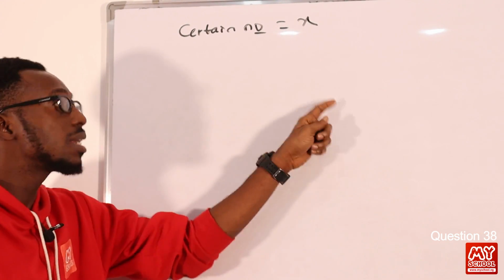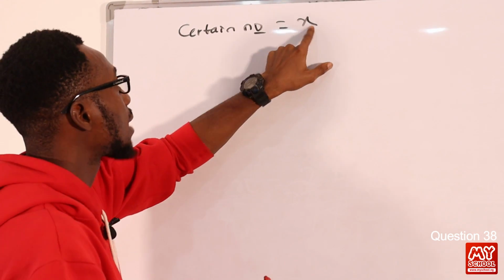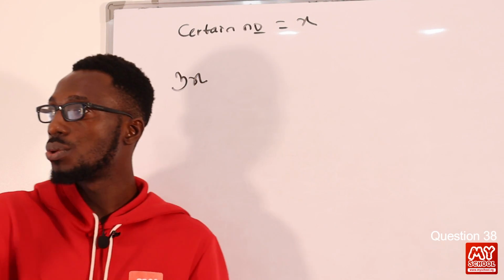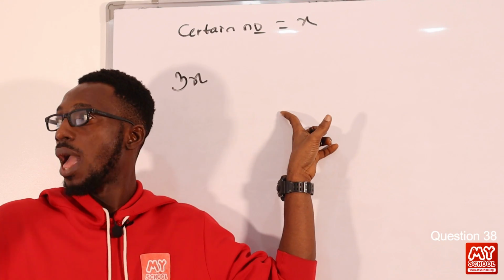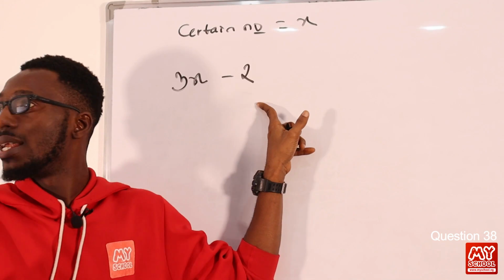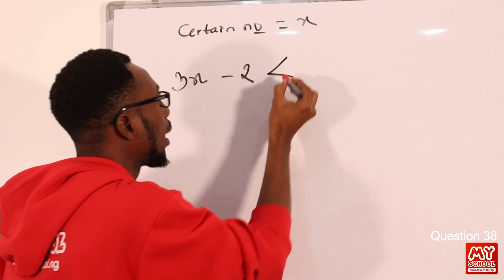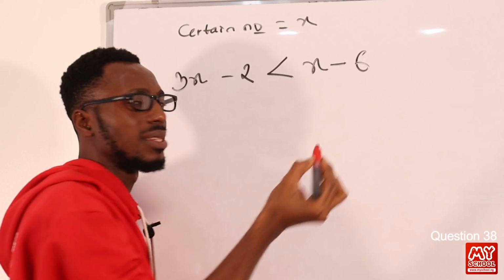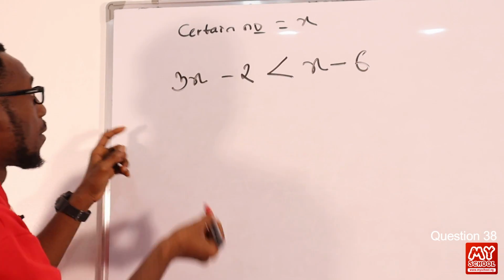So we are now told 3 times a certain number. That will be 3 times x, that is 3x. So we can say 3 times a certain number minus 2 is less than the number minus 6. That's all. So we just need to solve. We collect like terms.